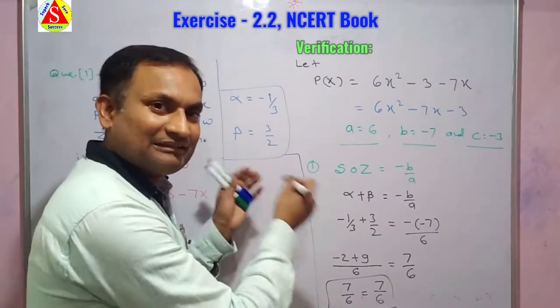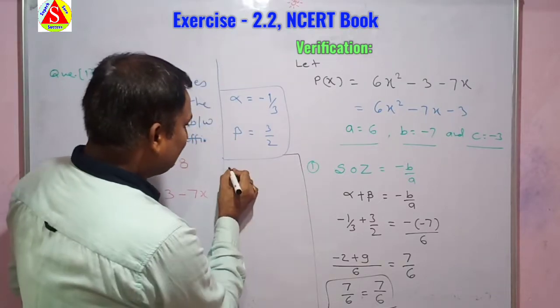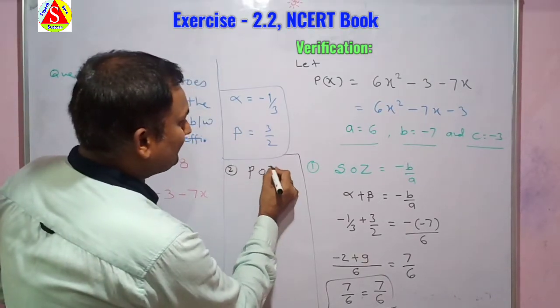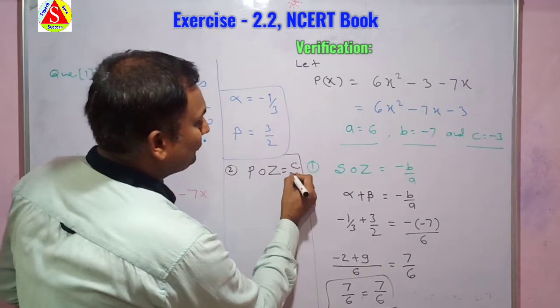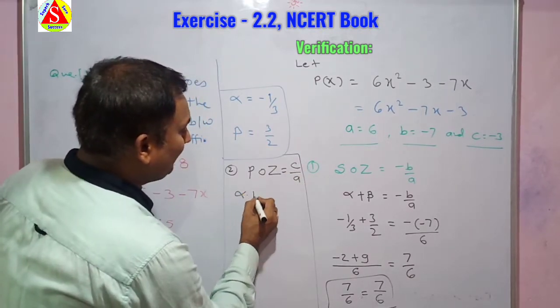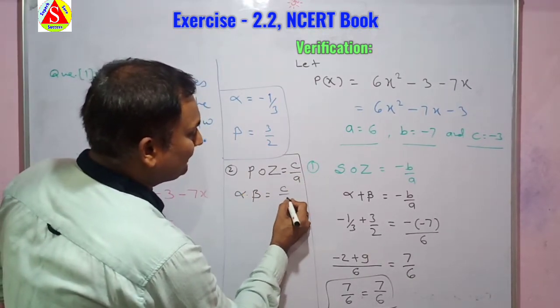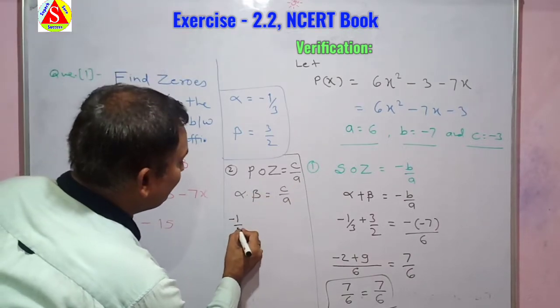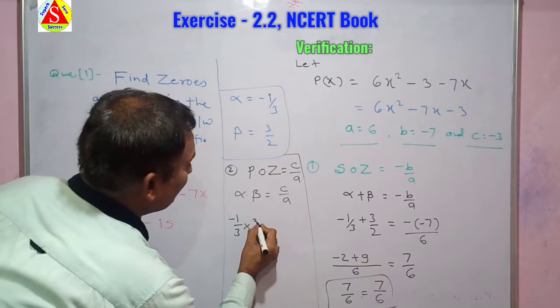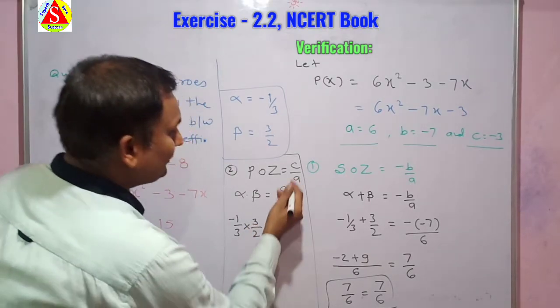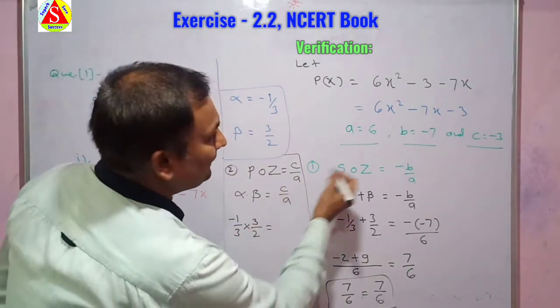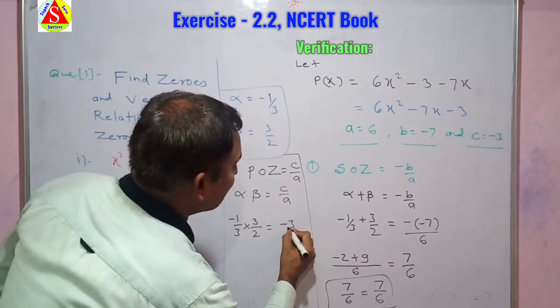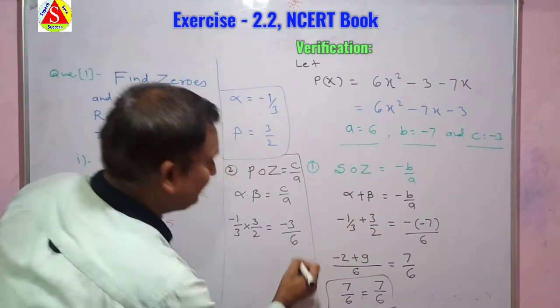Now let's verify the second condition, that is the product of zeros, which is c by a, or alpha into beta is equal to c by a. So let's put in the values. Here alpha is minus 1 by 3 into beta is 3 by 2. On the right side, in place of c, we have minus 3 upon 6.